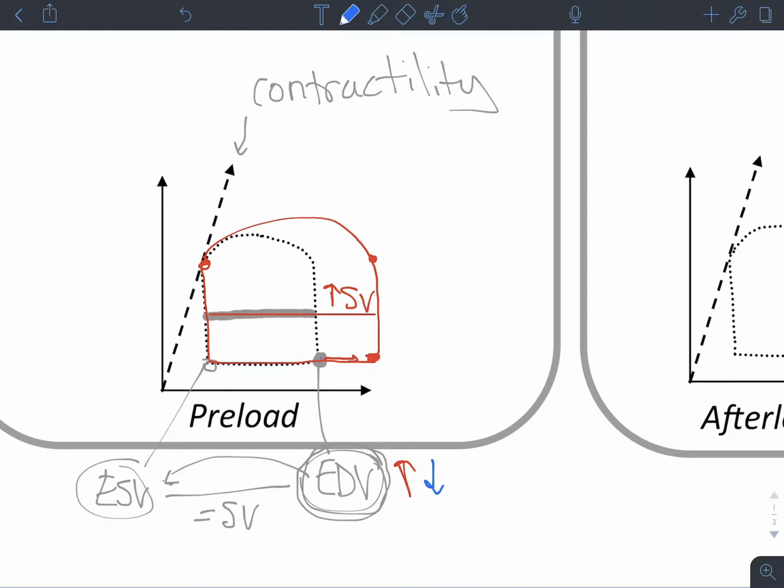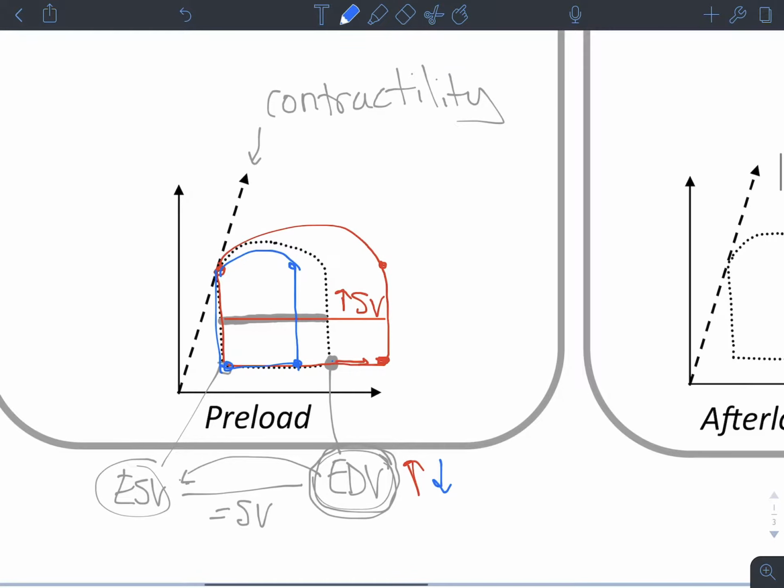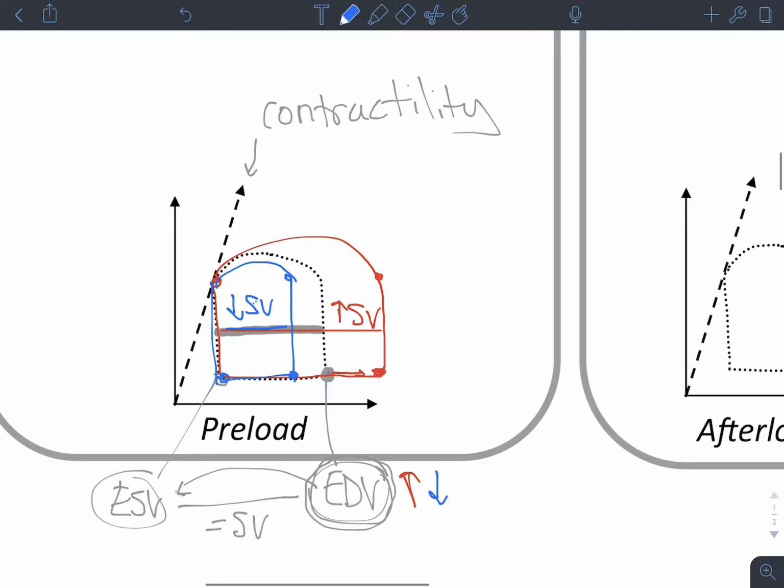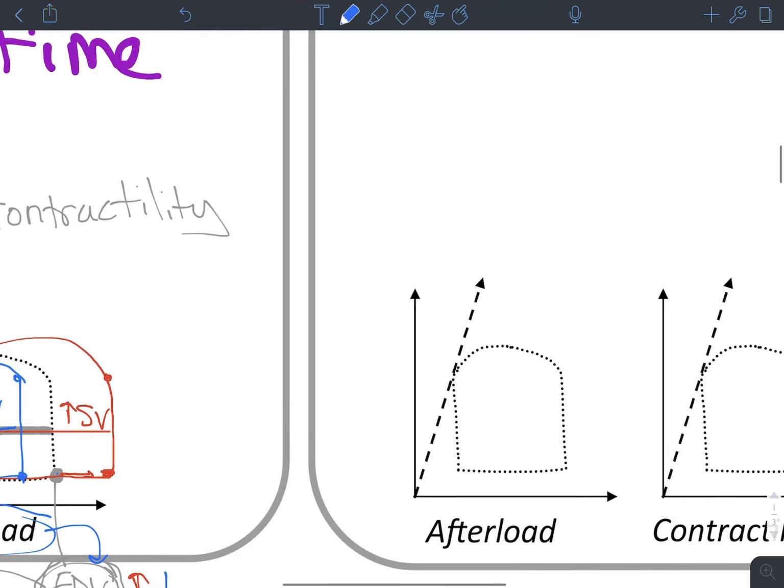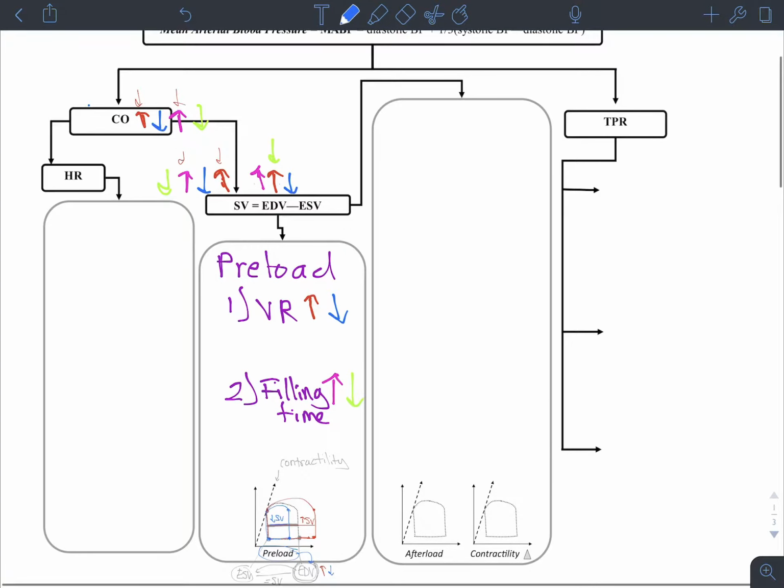So instead of that point being here, we're going to move it a little bit more to the left, decrease. Everything else stays the same. Now my stroke volume has decreased from normal. Perfect. So that does represent what we're looking at. This is an example of what preload would look like if we just changed EDV.